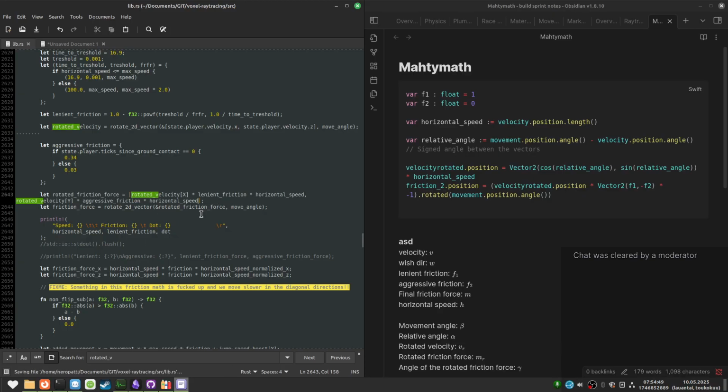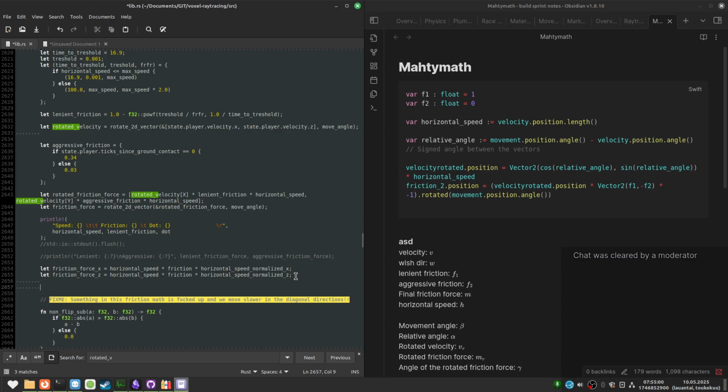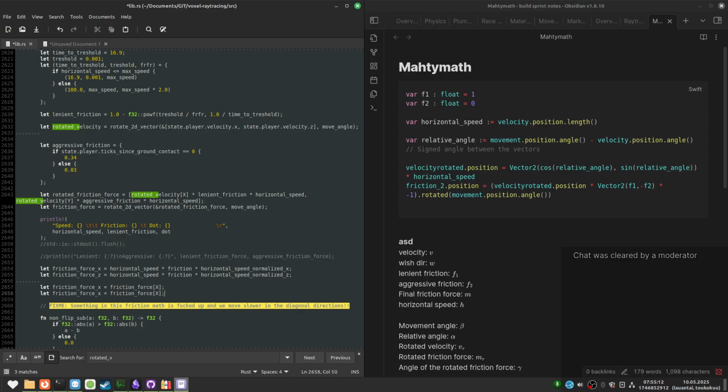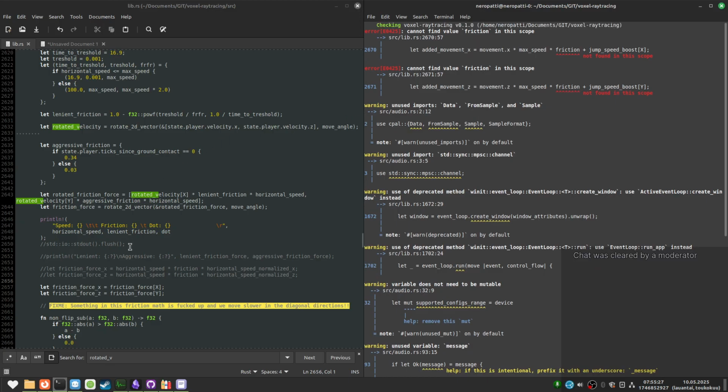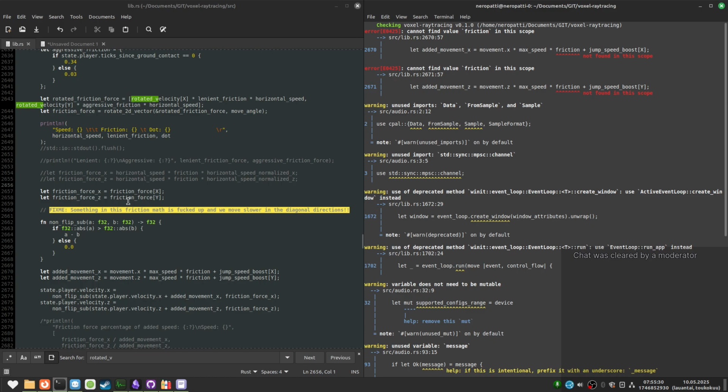Okay, so we have that. I do this. Oh, we do have some errors, but that's fine. Oh. Well, added movement. It needs to be using the lenient friction.